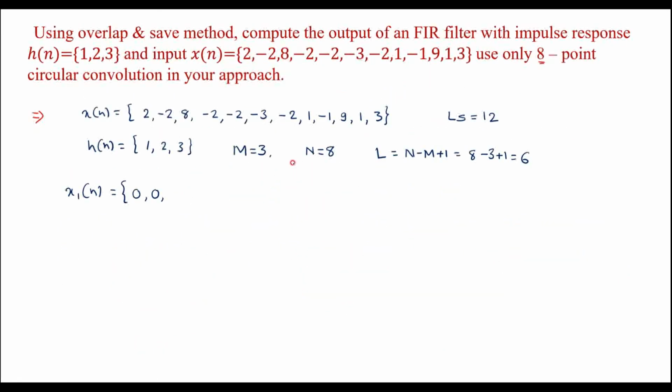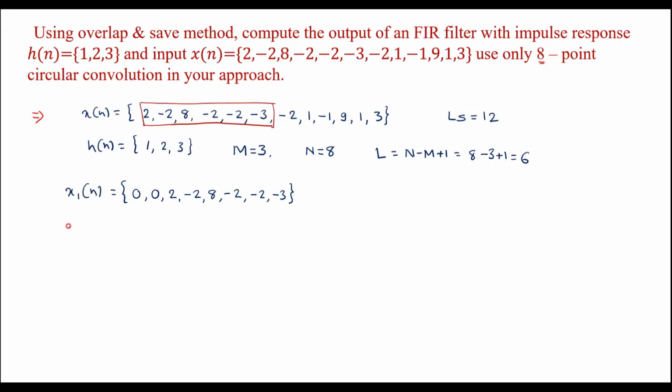The L value is 6, so 6 samples of x of n. These are the first 6 samples of x of n. So this is the first sub block. The length of this is 8.